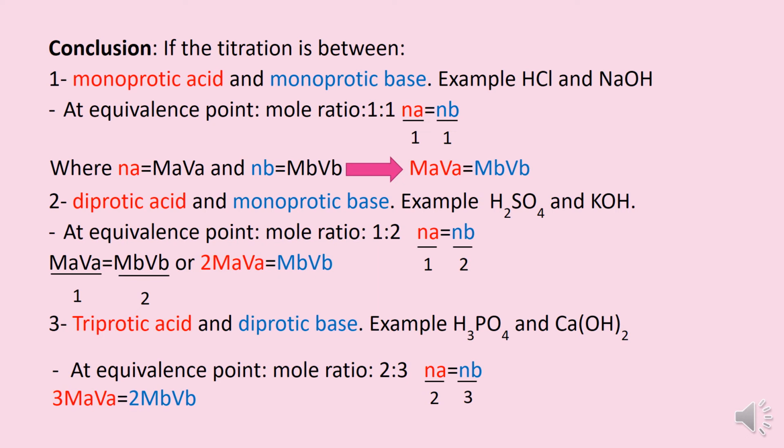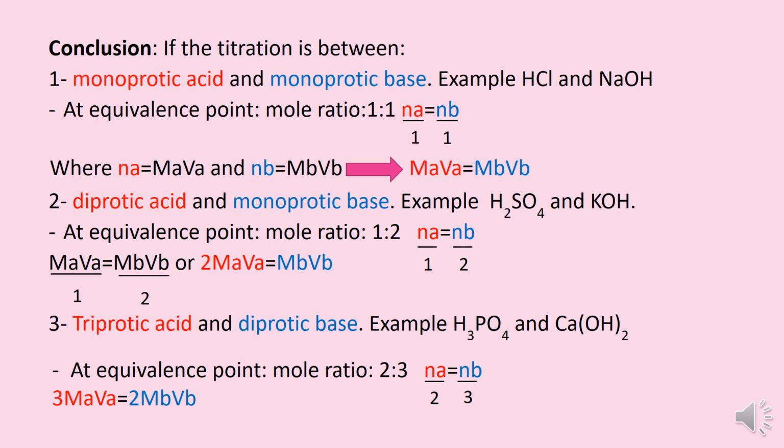Diprotic base, it means here the calcium hydroxide has 2OH minus, or when it is ionized in water, it gives 2OH minus. Now, at equivalence point, where neutralization occurs, the mole ratio will be 2 to 3. What does it mean, 2 to 3? It means 2 moles of the acid are needed to neutralize 3 moles of the base.